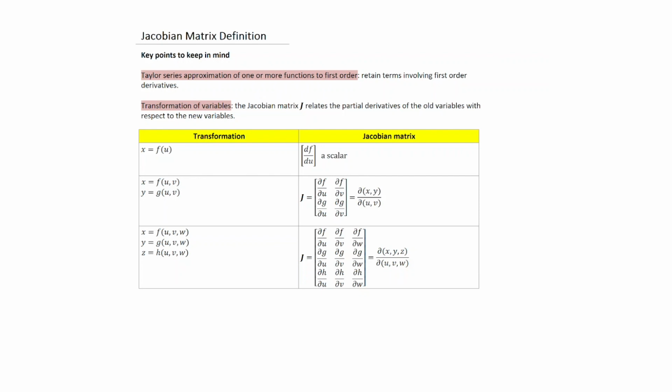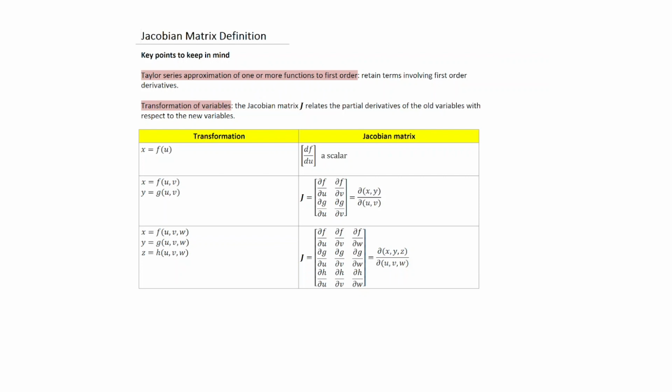It gets more interesting when you start dealing with two variables. For instance, if we define x in terms of two new variables through a function f of u and v, and y through a function g of u and v, then we set up the partial derivatives in row format. If we take the partial of f with respect to u and the partial with respect to v, that would be the first row, then the partial of g with respect to u and the partial of g with respect to v, the second row, that forms a 2-by-2 matrix.